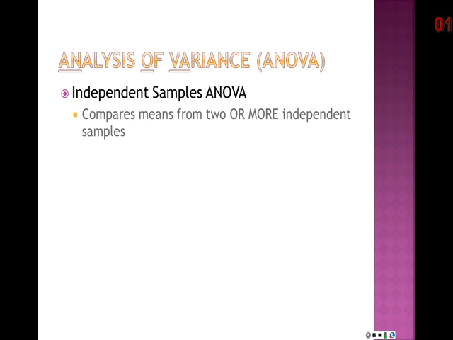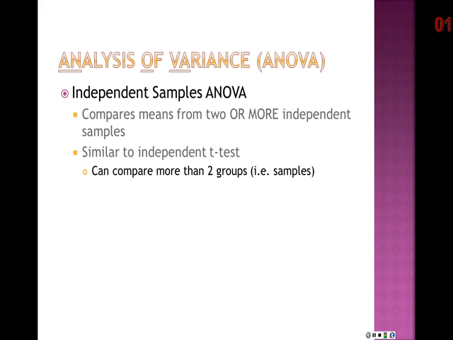Okay, so this is where we sort of extend past t-tests, because t-tests can only look at two independent samples. ANOVA, on the other hand, extends beyond that and looks at two or more independent samples. So it's very similar to an independent samples t-test, where it can compare two groups or samples, right? But there's a slight difference here.